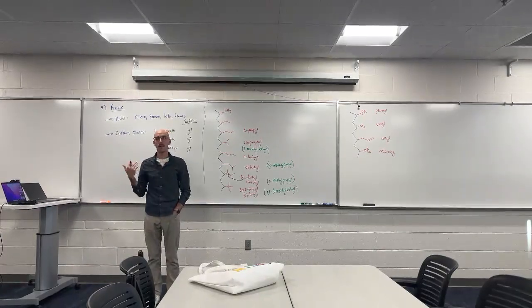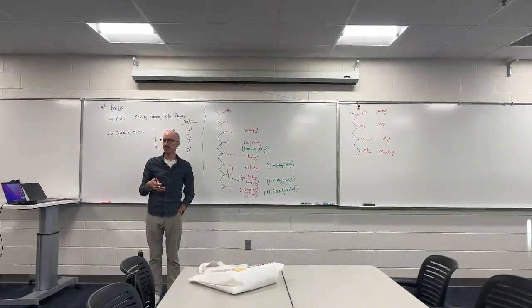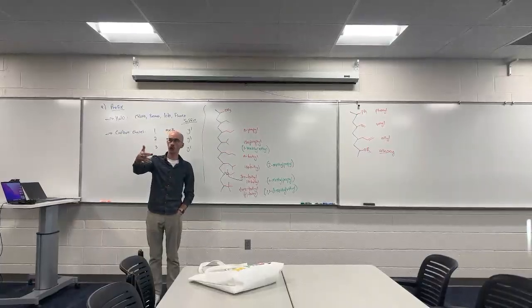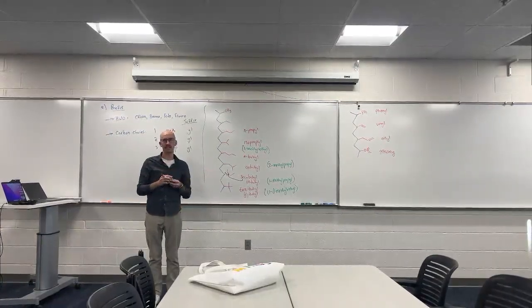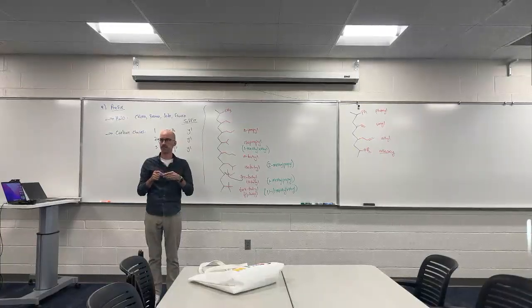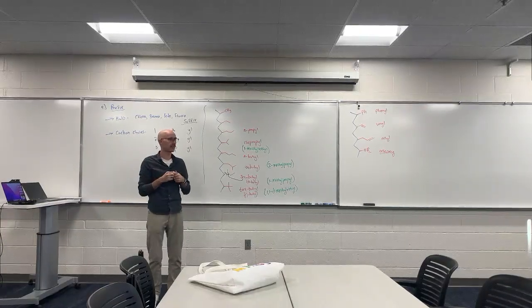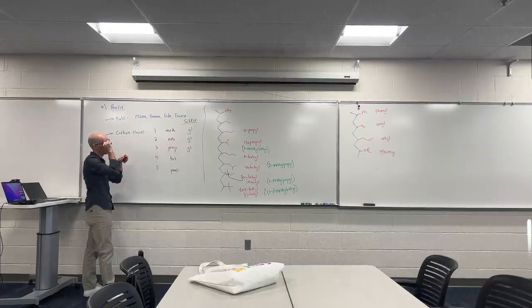If I have methoxyethane, then I have an OCH3 attached to a 2-carbon chain. Very easy substituent to name. These are the predominant ones that you'll be seeing in our class this semester, so I want you to be familiar with them.